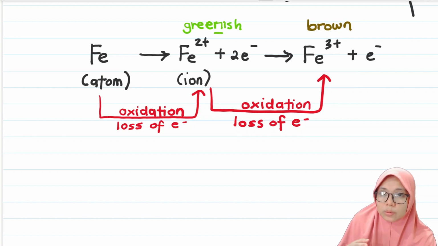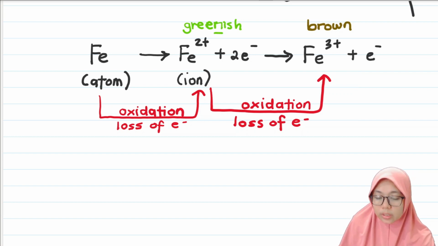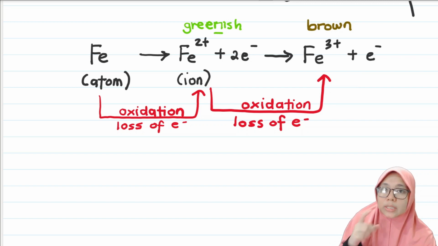So if you recognize rust, karat, it actually contains iron 3 plus. The color of rusting is brown because rust contains iron 3 plus.